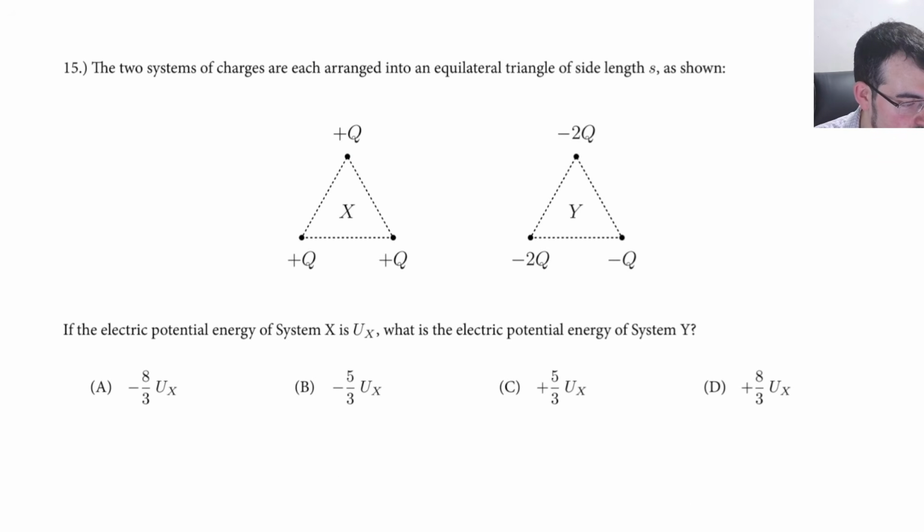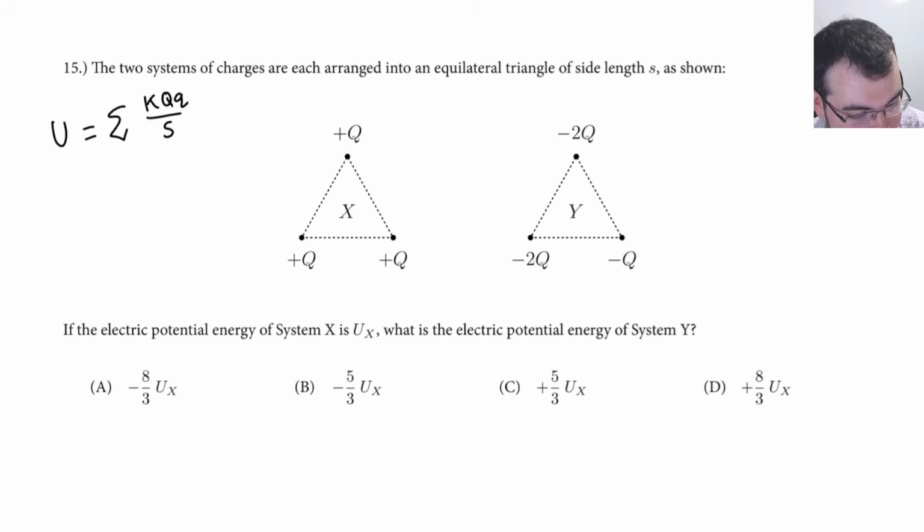All right, two systems of charges are arranged into an equilateral triangle. We're comparing these two potential energies. So what is the potential energy of point charges? Well, we have U equals the sum of all pairs of kQQ over s to the first power. So sign matters here, right?